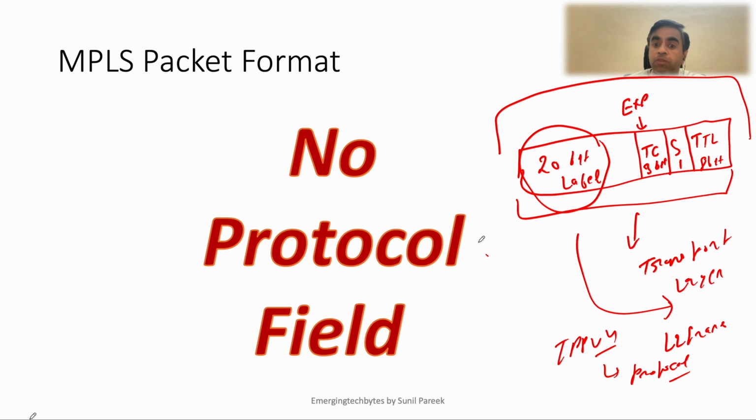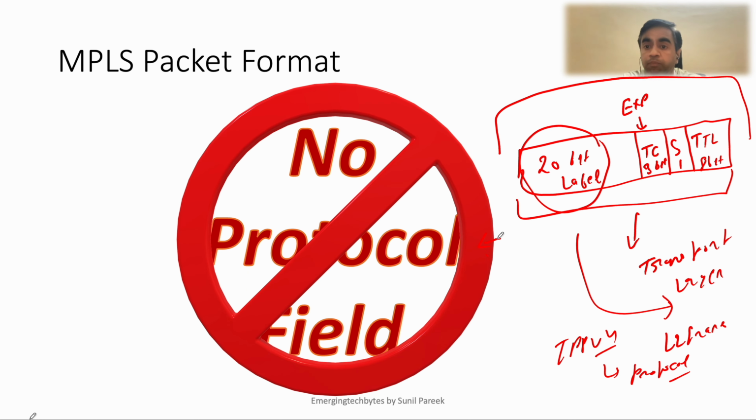But if there is no protocol field, that means if you capture an MPLS packet on a wire with the help of Wireshark, there is no way to tell what type of protocol it is carrying just by looking at that label. So the protocol field is not there.